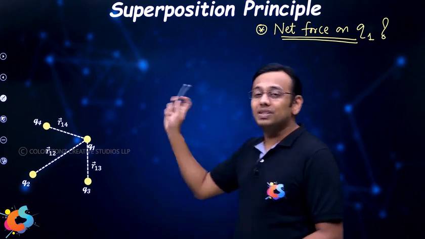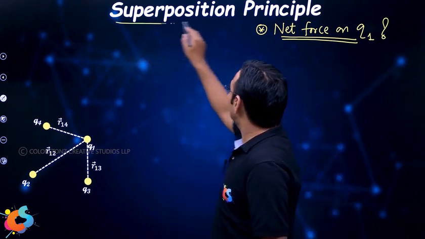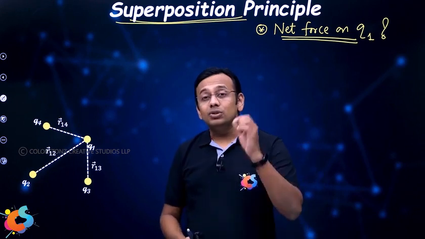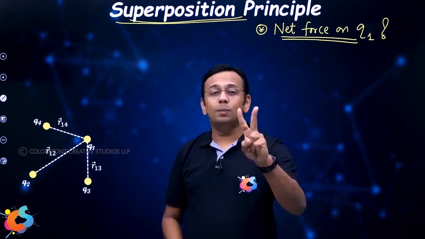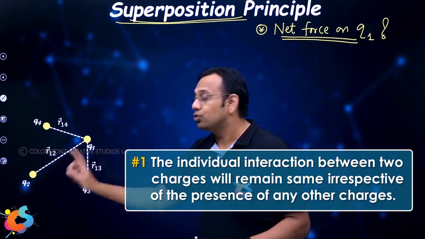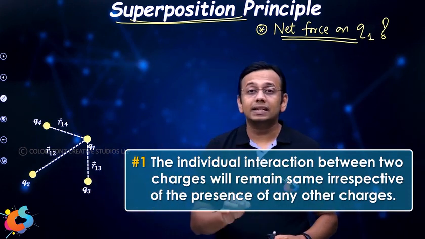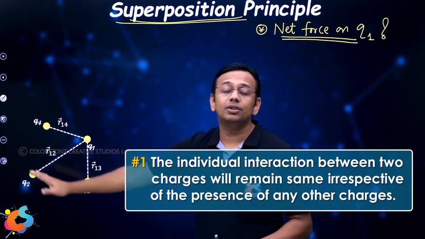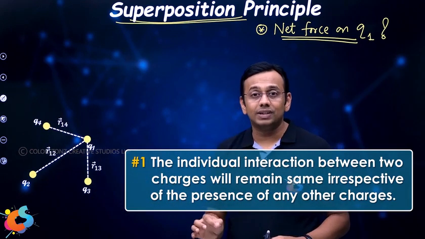This is where the principle of superposition comes into the picture. The superposition principle has two parts, two statements in it. Firstly, it states that the individual interaction between two charges will remain the same irrespective of the presence of any other charges.